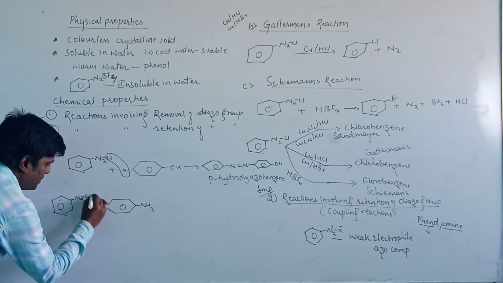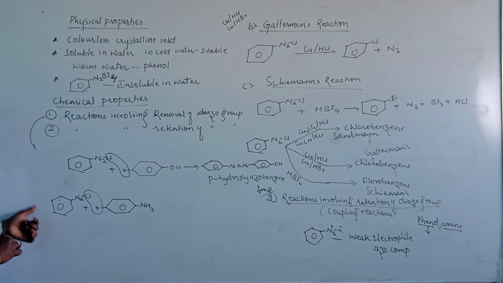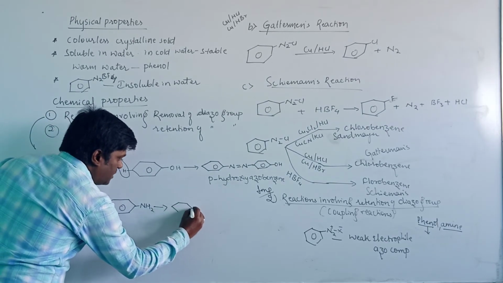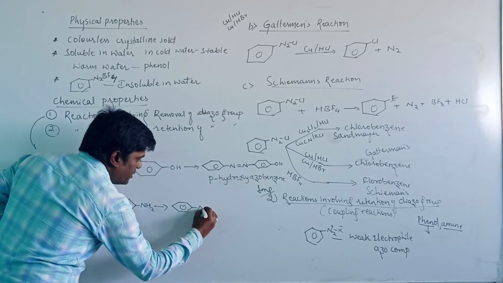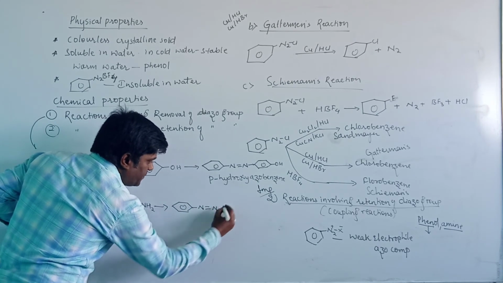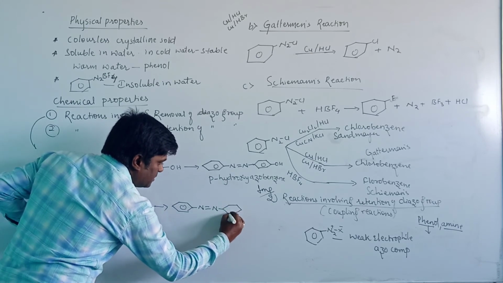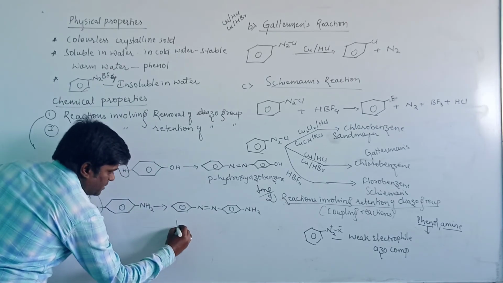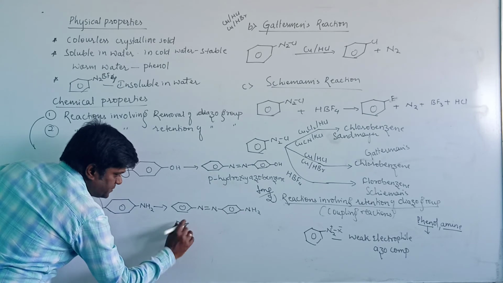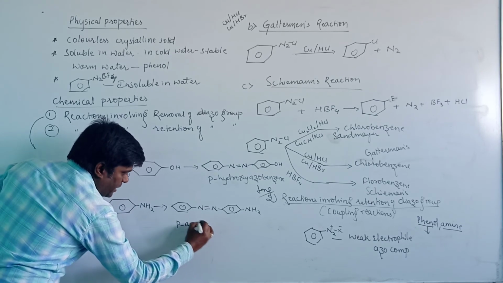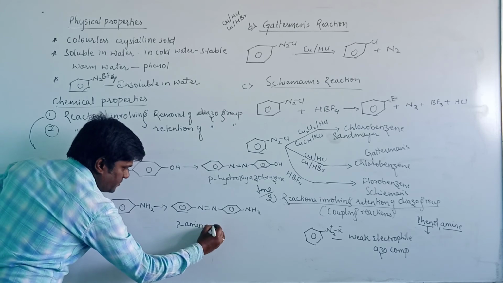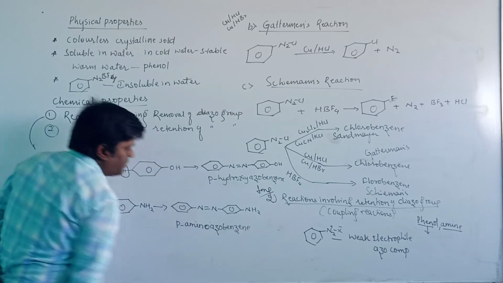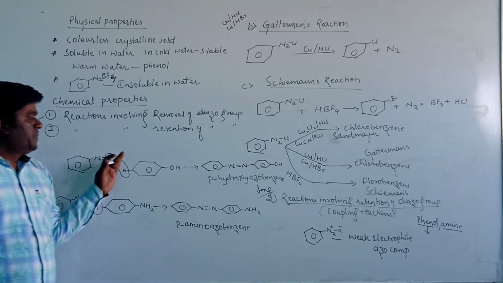One of the hydrogens combines with chlorine to form hydrogen chloride, and it produces an azo compound, nitrogen double bond nitrogen, with the aromatic ring and the functional group NH2. The name for this compound is para-amino azobenzene. This is about the coupling reaction.